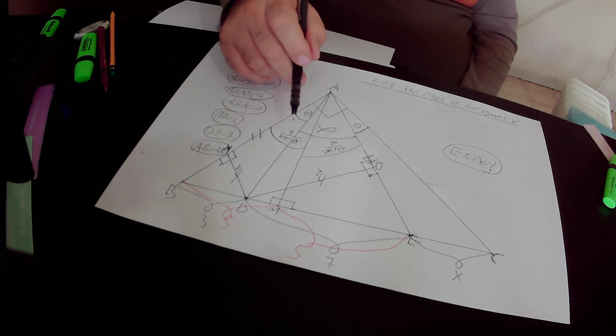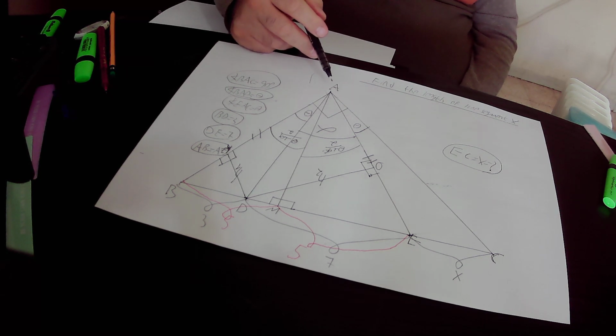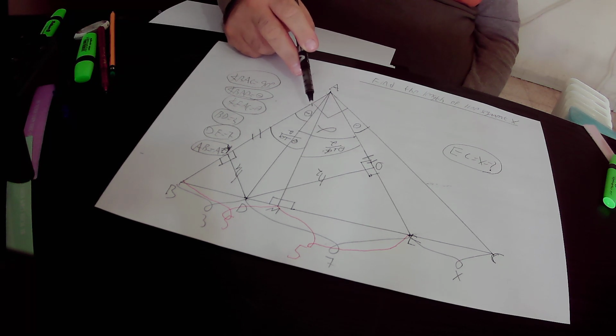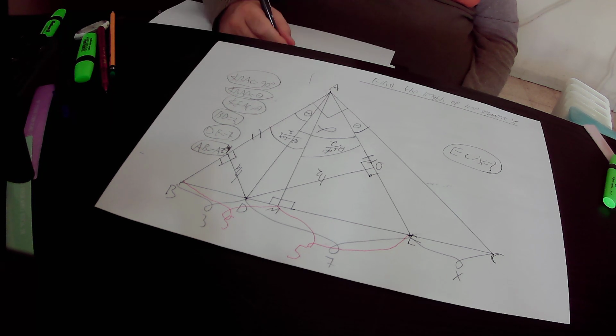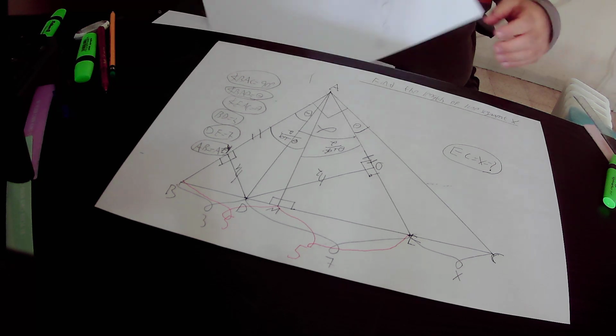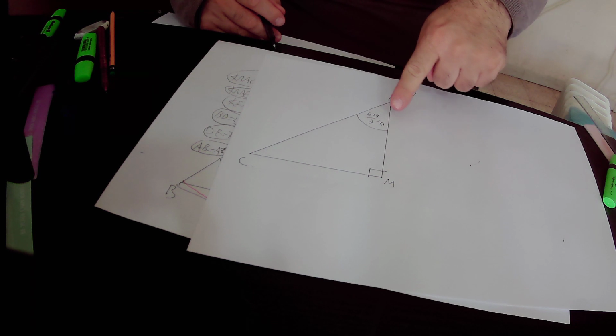First of all, what is the value of angle MAC? You can see from the drawing that the value of angle MAC is equal to theta plus alpha over 2 plus theta. Again, the value of this angle MAC equals theta plus alpha over 2 plus theta.